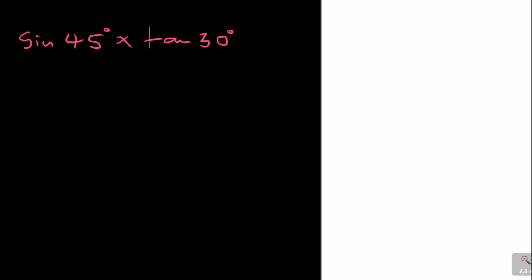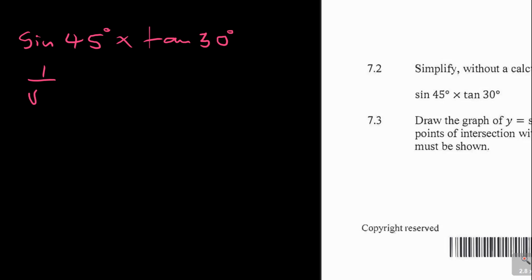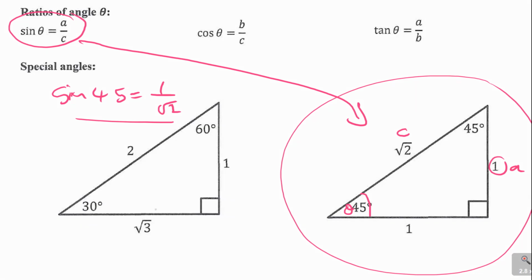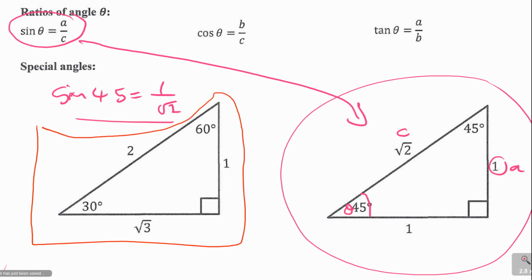You're going to say 1 over square root of 2 times, then you go to tan 30. Again, when you're dealing with the 30, you're focusing on this part. Let me use this one. We're saying tan theta is A over B, and there is our theta there.